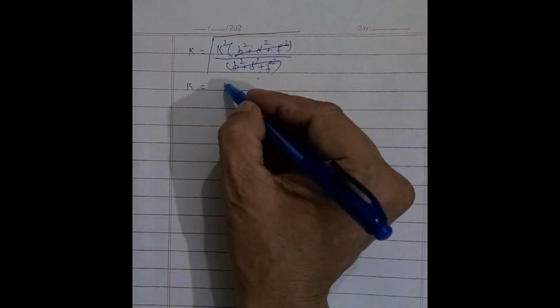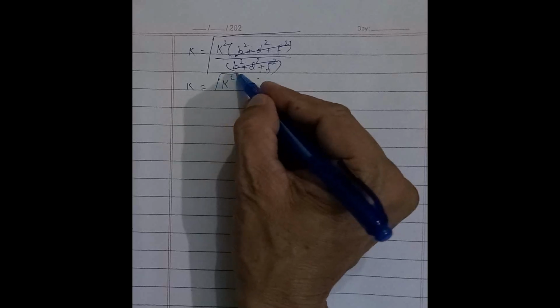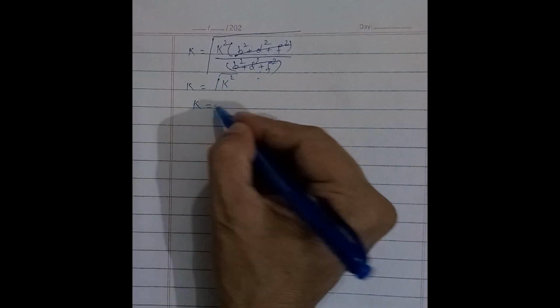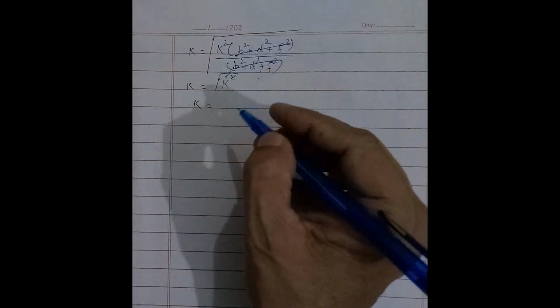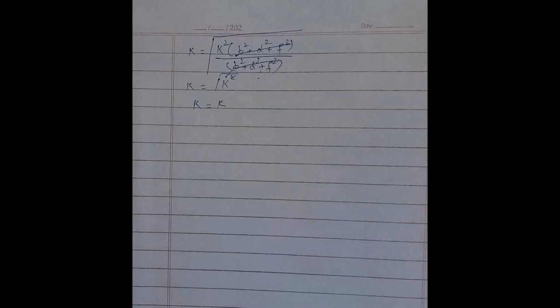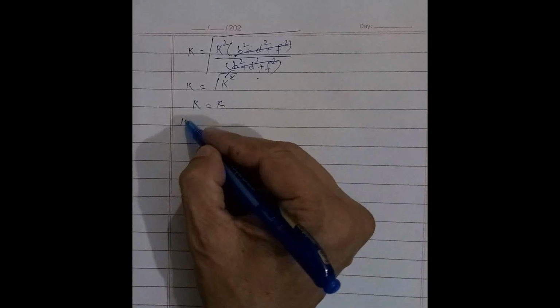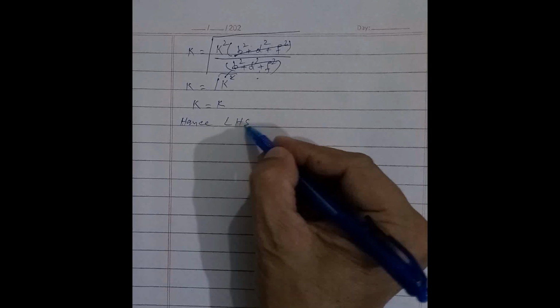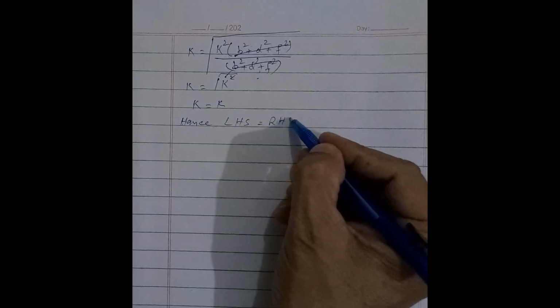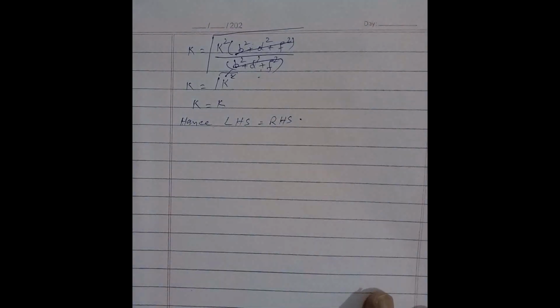The k is equal to the square root of k squared, and we know that square and square root cancel each other. It is k. So left hand side is equal to right hand side, and hence proved, left hand side is equal to right hand side.